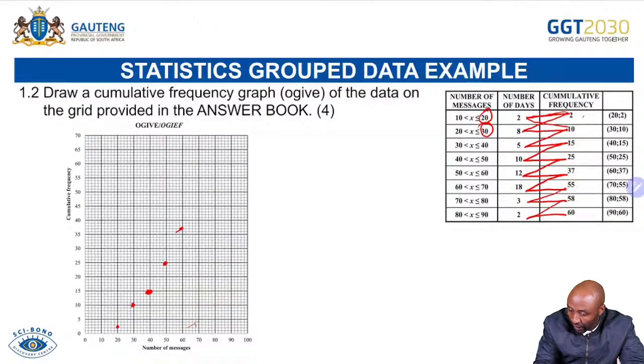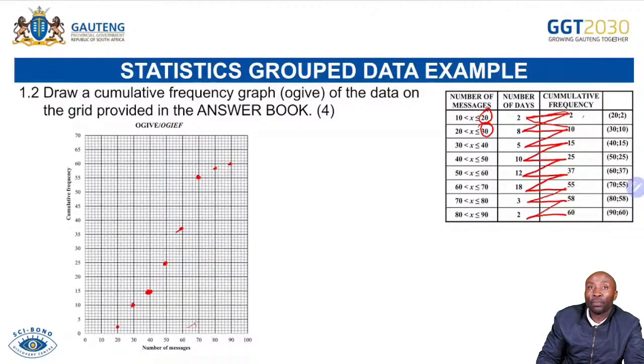And then I will also have 70 and 55, it goes up there. And then I will have 80 and 58, and then I will have 90 and 60.